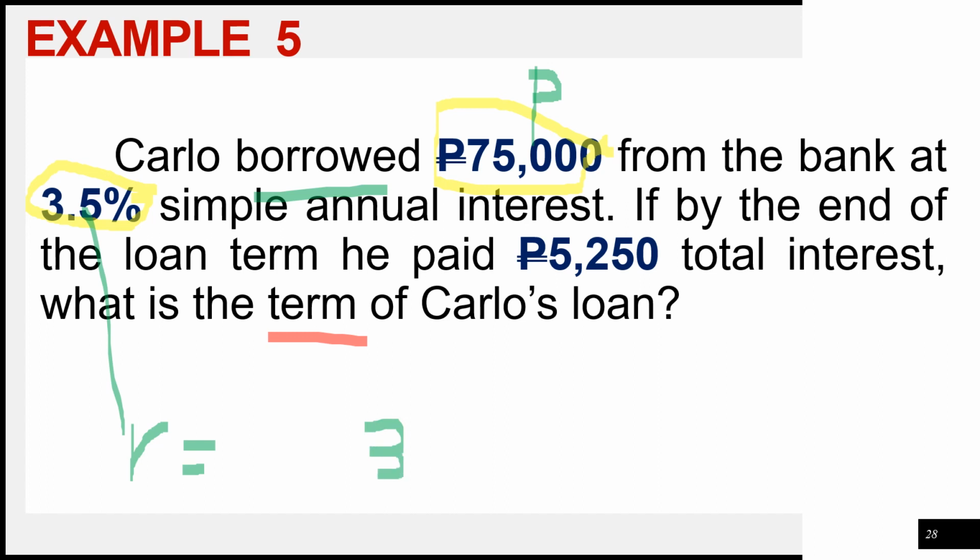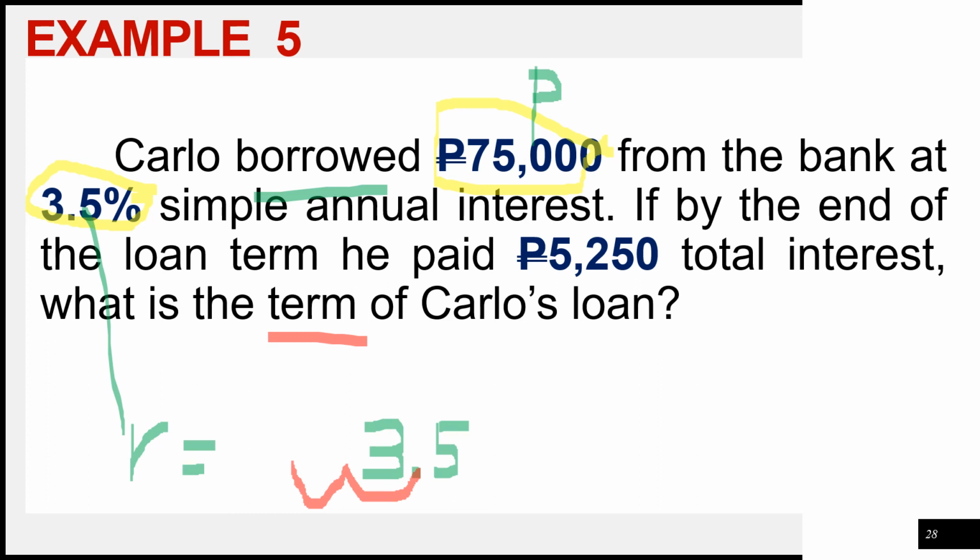But there is another way. To get the decimal form of 3.5, all you have to do is just to move 2 places from the decimal point leftwards. So we have 1 and then 2.